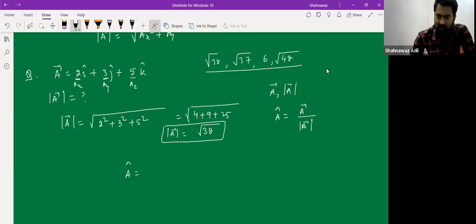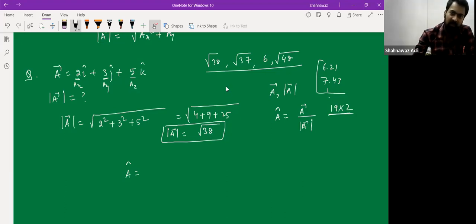Or if they write like 6.21 or 7.43 and so on, then we have to simplify. Or if they write root 38, this is 19 into 2, so this cannot be simplified. So if they have the simplified option, then we have to simplify. If not, just leave it at that.